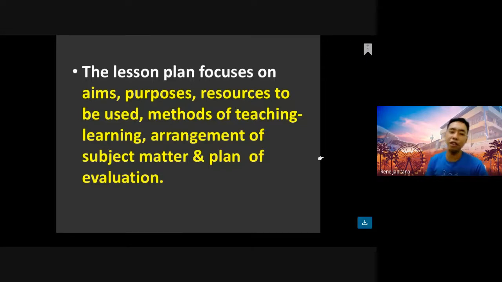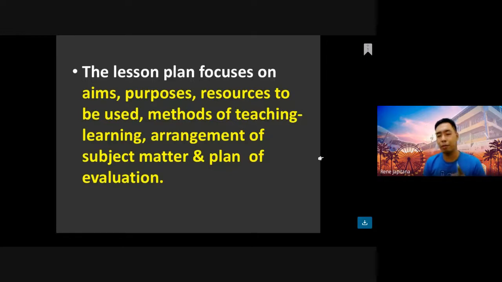Most teachers are using the inductive method. I think most of the lesson plans are using the inductive method, from simple to complex. Now, depending on the subject matter, I could also observe some using the deductive method, from whole to part, from complex to simple.